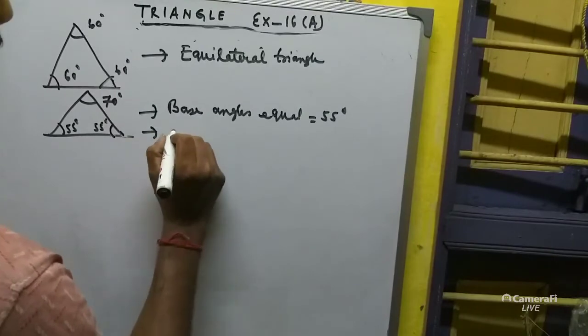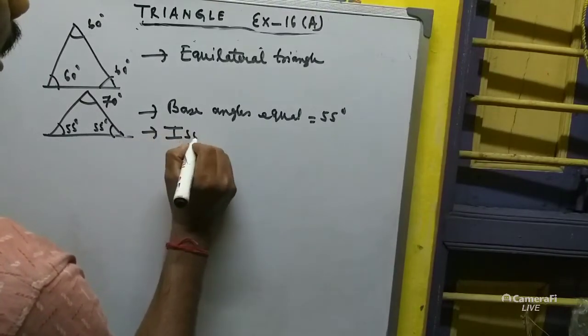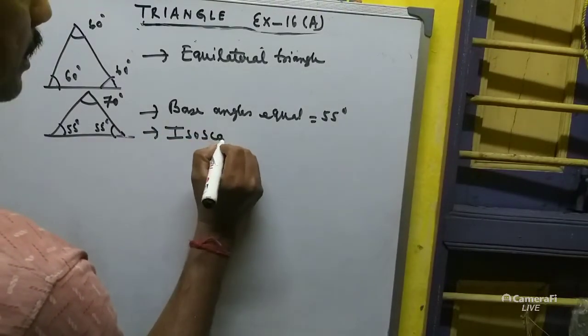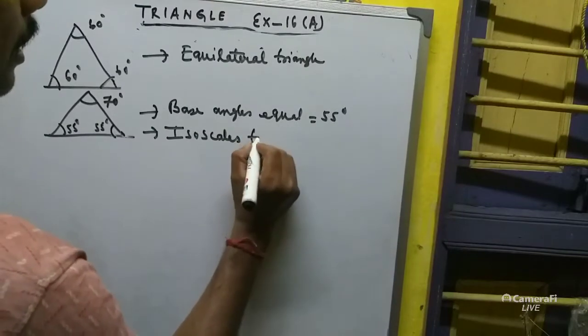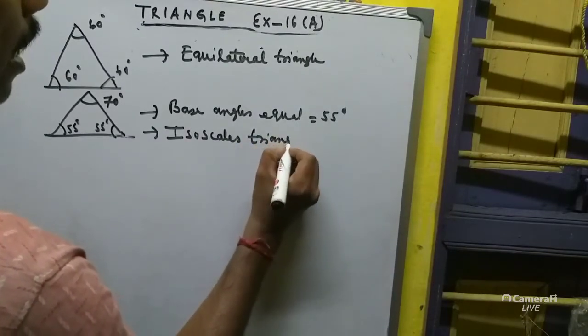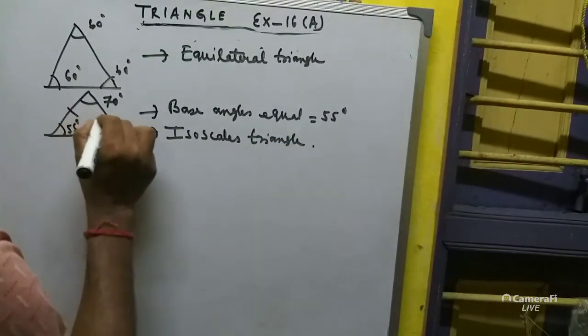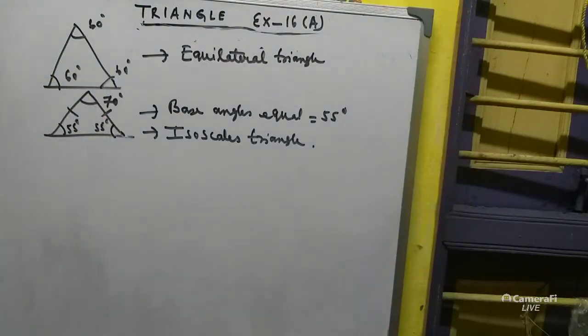So it is an isosceles triangle. This side is equal to this side.